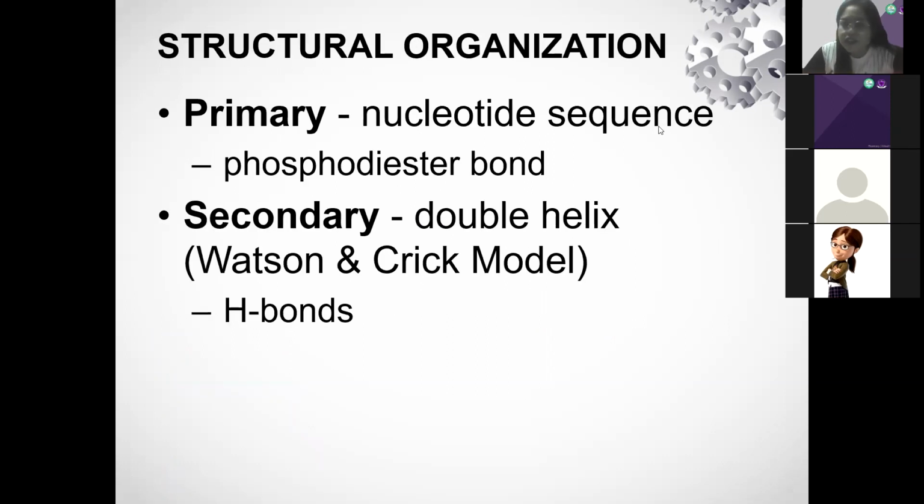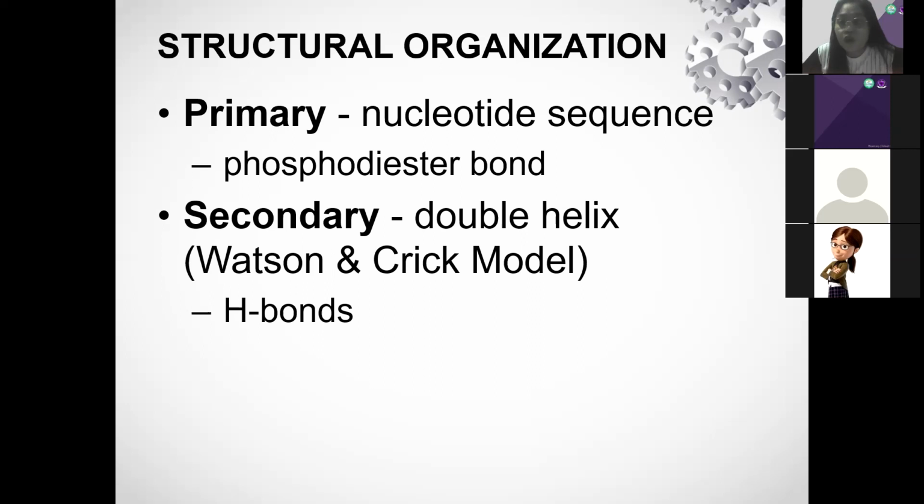Now, how about the structure of our nucleic acids? We have here the primary structure or the nucleotide sequence. And our primary bond here is the phosphodiester bond. So we only have here the alternating sugar, phosphate. But when it becomes secondary, that is where the double helix is formed, which was discovered by Watson and Crick.